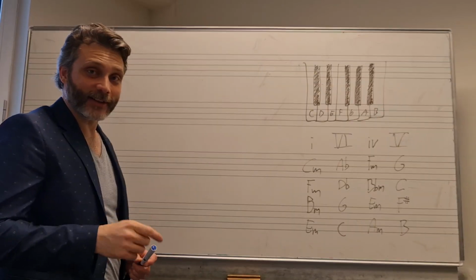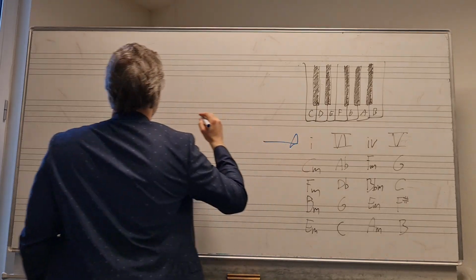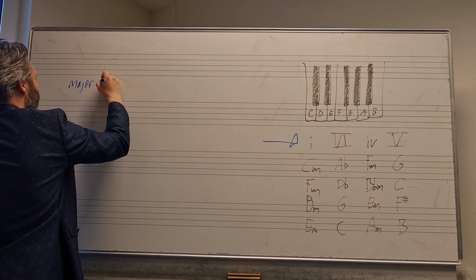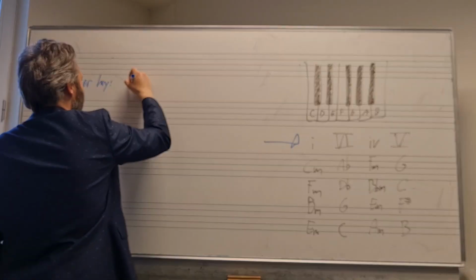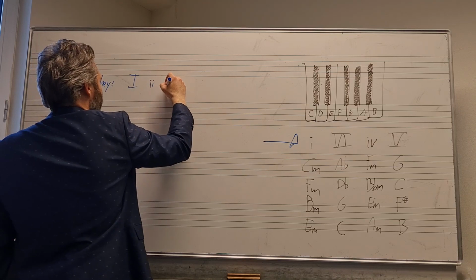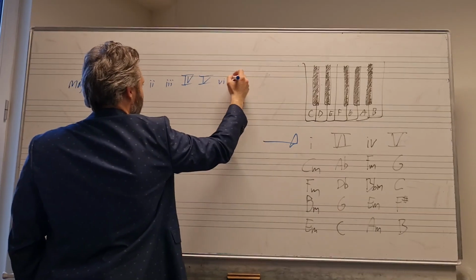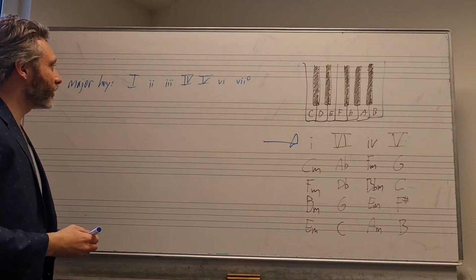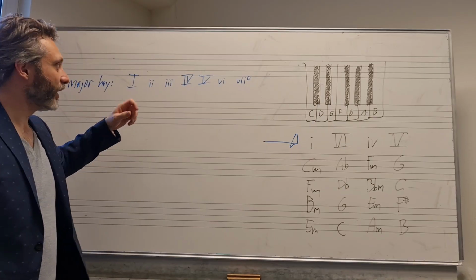Now, to get something clear about this numbering system, in a major scale, or a major key, as it should say, we'll get to the difference between those in a second. This would be our chords, or at least the way I would notate them using this system. And what you see is a major chord has capital letters, a minor chord has lowercase letters.